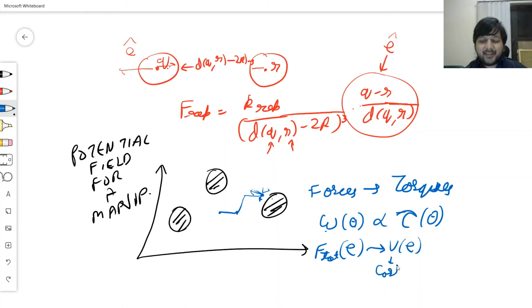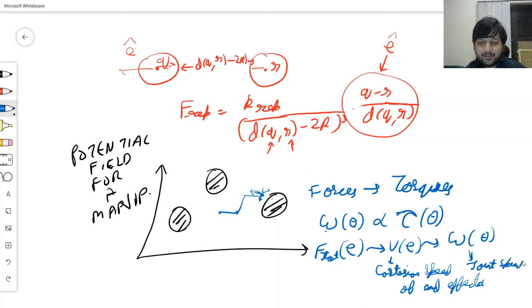So this is the Cartesian speed of the end effector, and that can be converted into the angular joint speeds, and this is of course called the Jacobian, or the manipulator Jacobian. So that's another way potential field is applied to manipulators if you have an understanding of the manipulator.